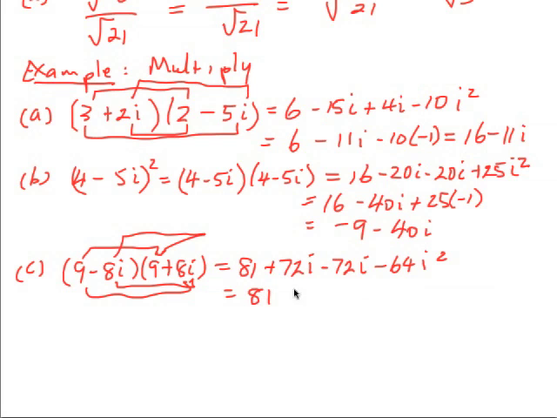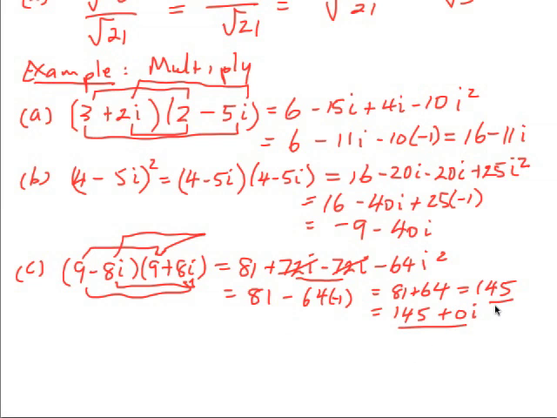And you'll notice here I get 81. Now notice negative 72i plus 72i is 0, so I end up with negative 64 by negative 1. And so this becomes 81 plus 64, which of course is 145. Notice that the imaginary parts disappeared, so really this is 145 plus 0i.